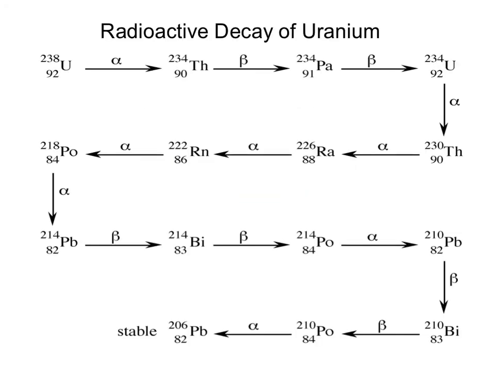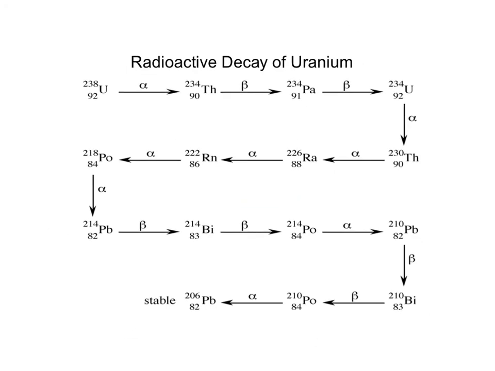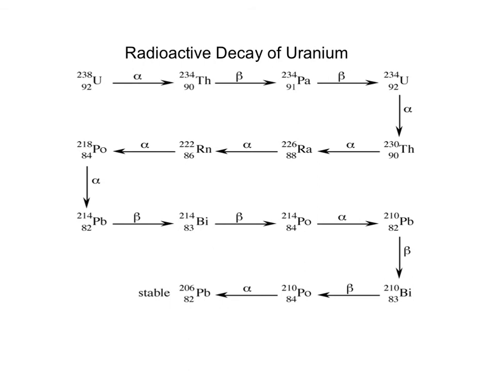Okay, here is a very interesting diagram of what happens to uranium-238. The very first one that I talked about on the last slide is right here. So uranium becomes thorium and an alpha particle is emitted. Then thorium becomes protactinium, and this time you have a beta particle.